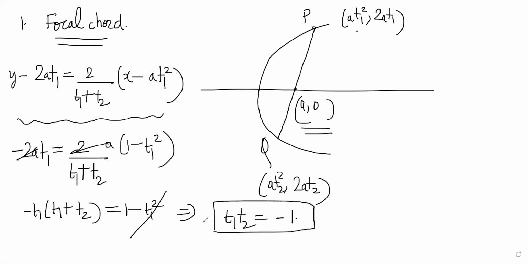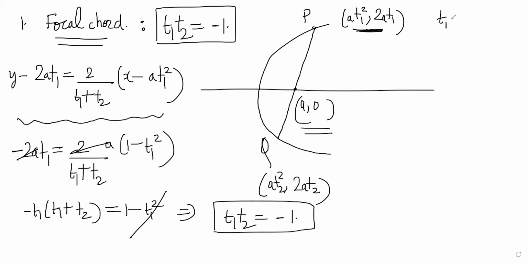So whenever a chord is going to pass through the focus, whenever it is a focal chord, the endpoints will always satisfy T1 T2 is equal to minus 1, right? That is very useful because now if a question is asking, say, a focal chord of a parabola passes through one particular point, right? And that point is given. If you know a T1 square comma 2a T1, then you know T1 value, right?